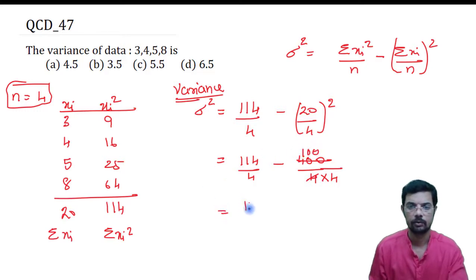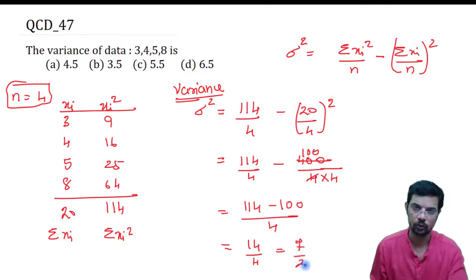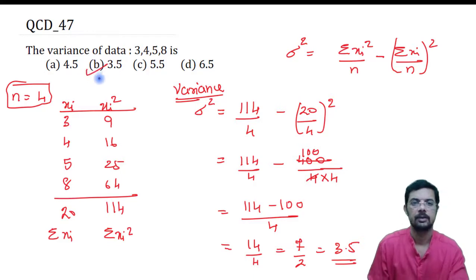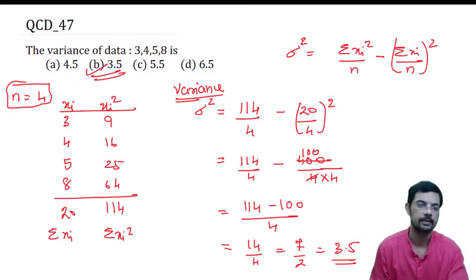So this is equal to 114 minus 100 divided by 4, which will give you 14 divided by 4. 14 divided by 4 is equal to 7 by 2, or we can say it as 3.5. So we have variance as 3.5. Option B, 3.5 is the correct answer.